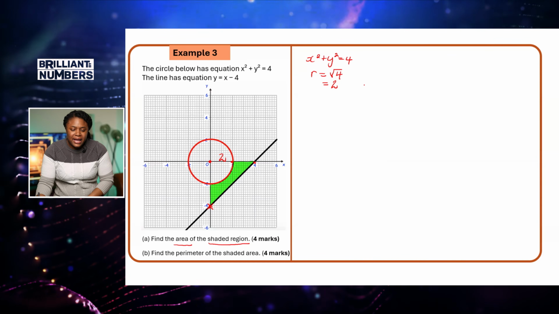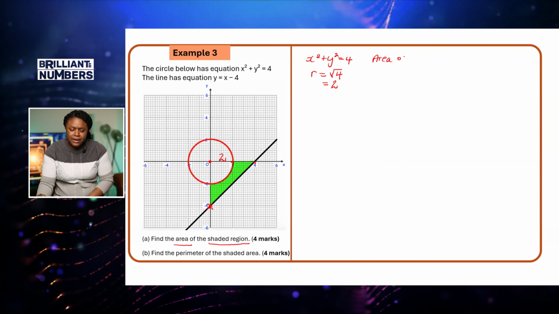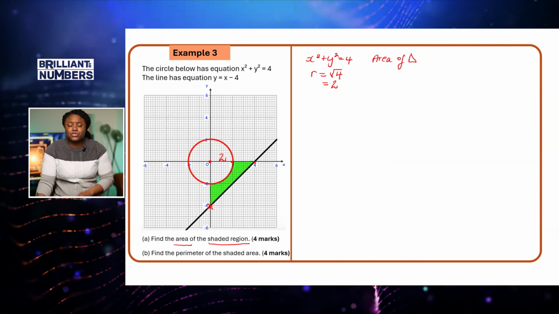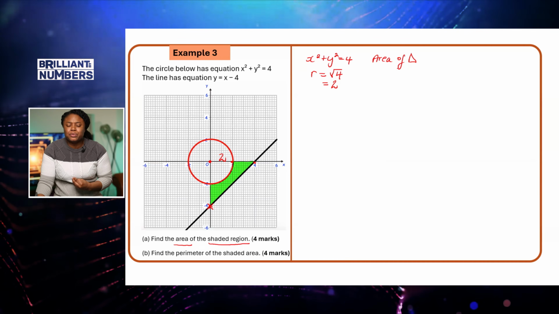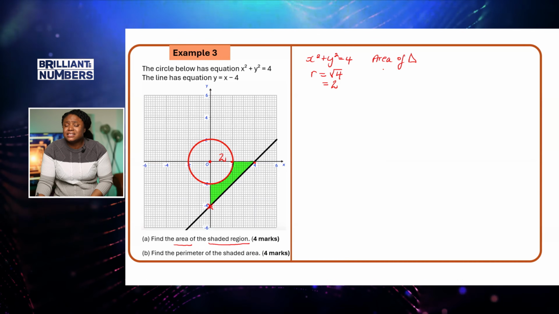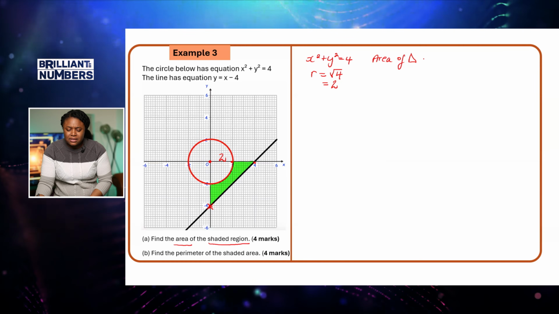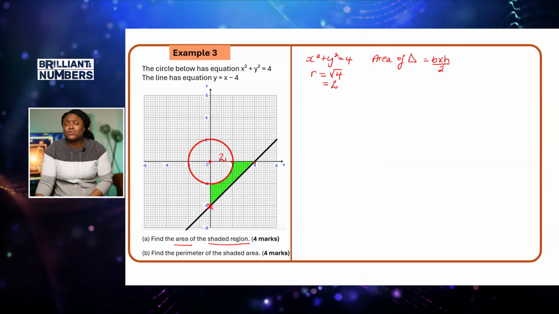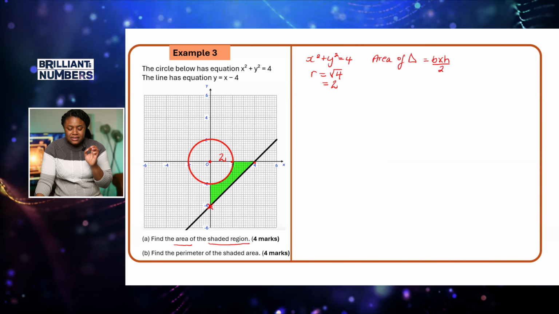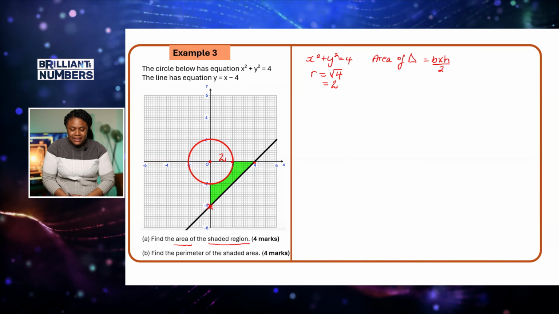So on we go. I'm going to find the area of the triangle first. So, area of triangle. Make sure that your work is written clearly, so your examiner can follow your thought processes through. I write straight away the formula for the area of a triangle: the base times the height divided by 2, and also remember that the height is perpendicular to the base.